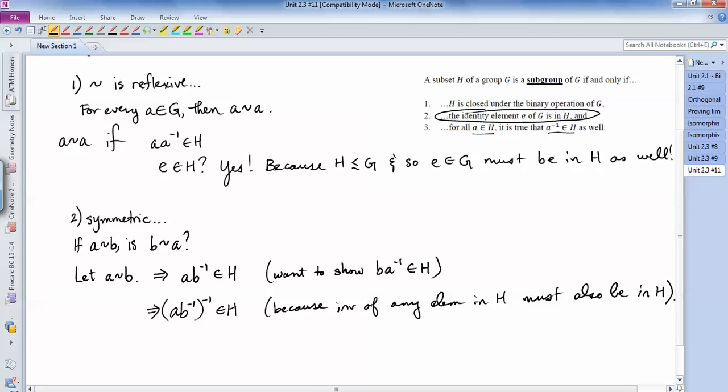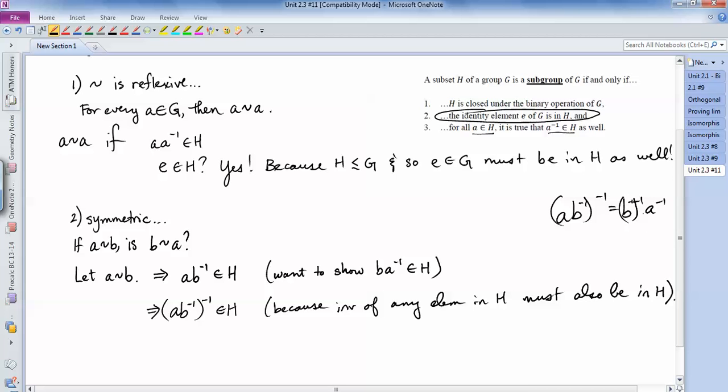Remember this rule: the inverse of AB equals B inverse A inverse, for anything in a group. If I put an inverse here, then I need to put an inverse here.